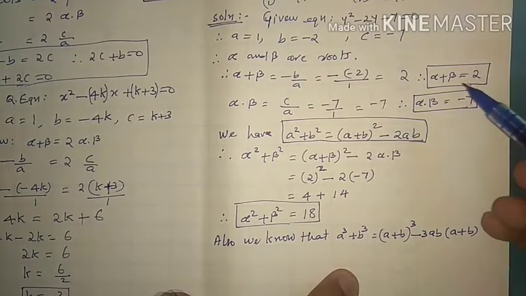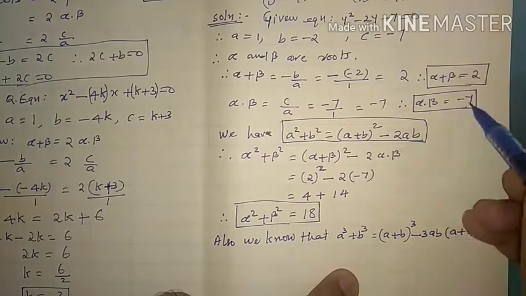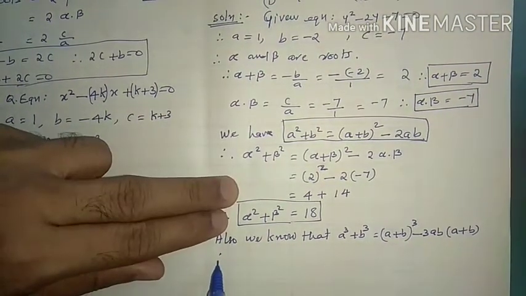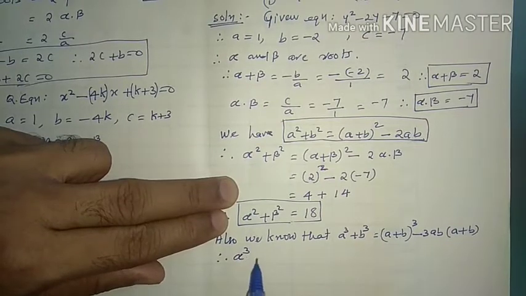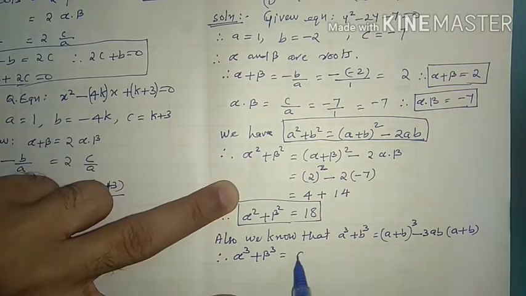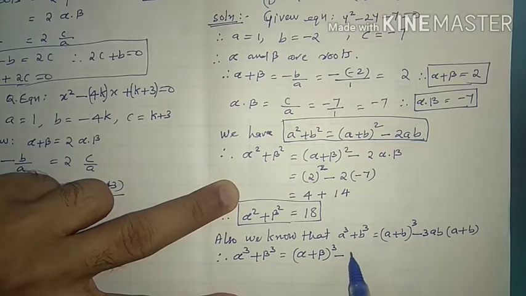Alpha plus beta we know, summation we know, product also we know. Therefore, we write this formula. Alpha cube plus beta cube equal to what? Alpha plus beta the whole cube minus 3 alpha into beta into alpha plus beta.